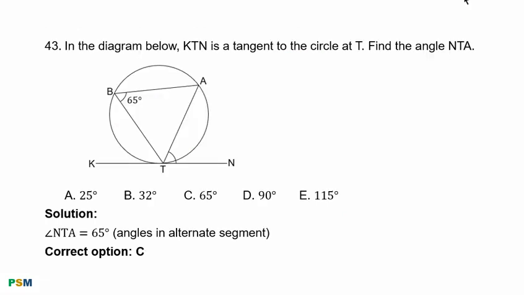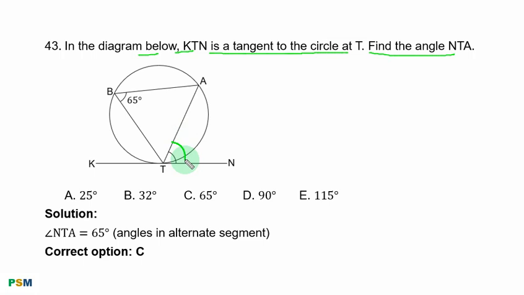Question 43. In the diagram below, KTN is a tangent to the circle at T. Find the angle NTA.